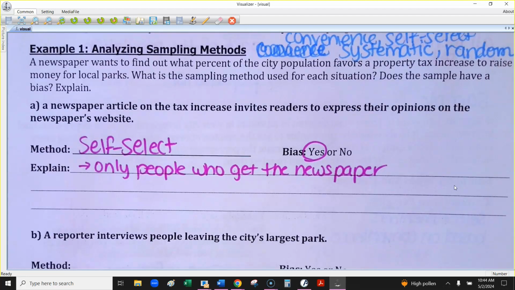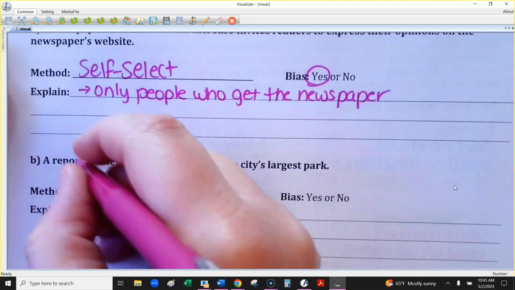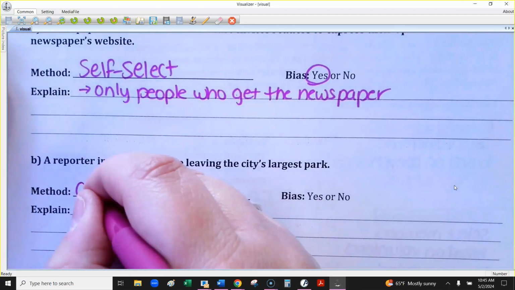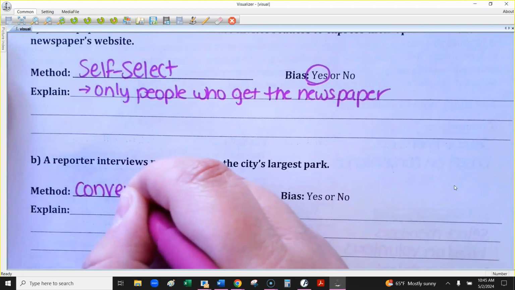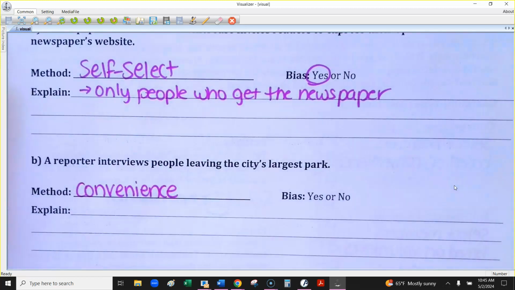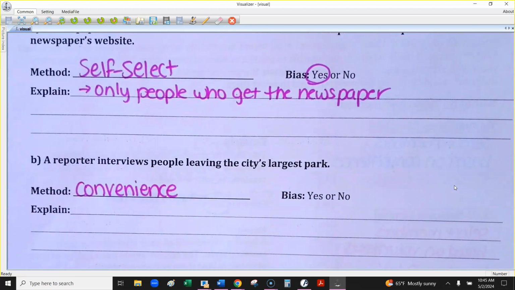Systematic has to say something like I talk to every 5th person. This is convenience. You're just going to stand outside the park and talk to whoever will talk to you.